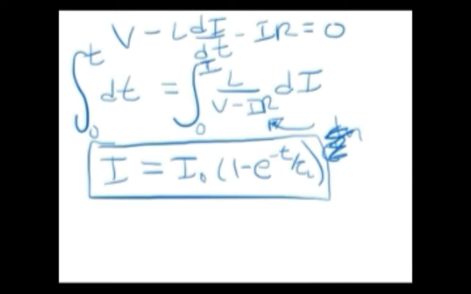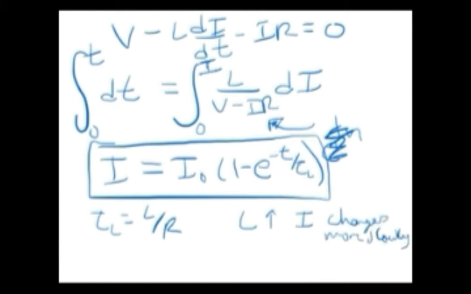Some things to notice. First of all, this time constant is L over R. So as L increases, the current I changes more slowly, and of course the converse: as L decreases, that is the inductance gets lower, the current is allowed to change more quickly.